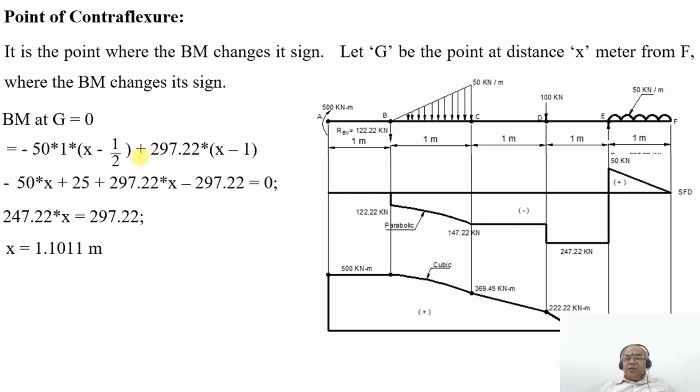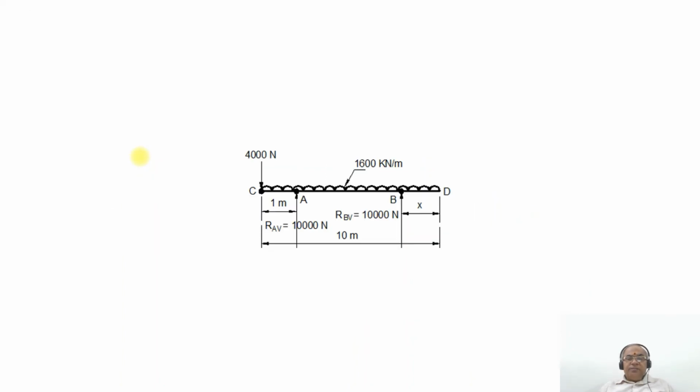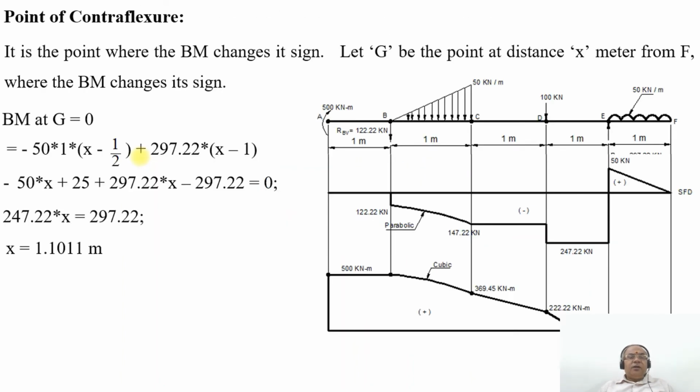So x will be equal to 1.1011 meter. Therefore, the point of contraflexure, the point G, will be at a distance of 1.1011 meter from the free end at the point F. So this is how you will be able to analyze the bending moment diagram and also the shear force diagram. Thank you.